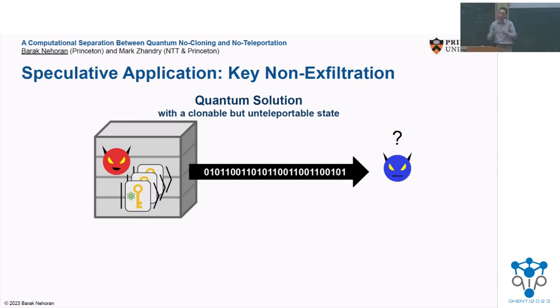So there's no sense in which the quantum state turns into a classical description as part of the cloning process. But you wouldn't say the clonable state is at least classically readable somehow, or I'm not very familiar with this. Yeah, so I think this result is giving evidence that that's not necessarily the case.